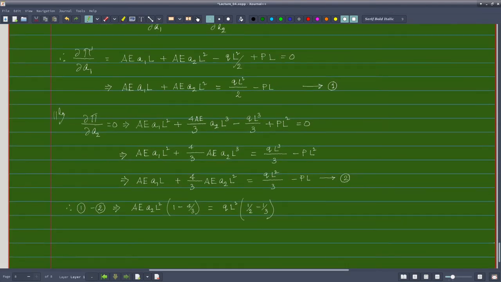P terms will not be there. This is minus and plus, yes, so it will cancel.